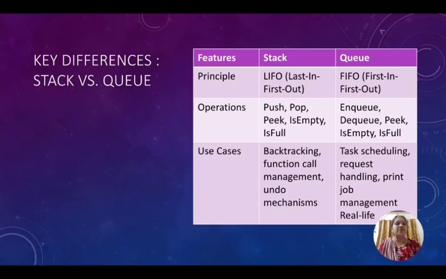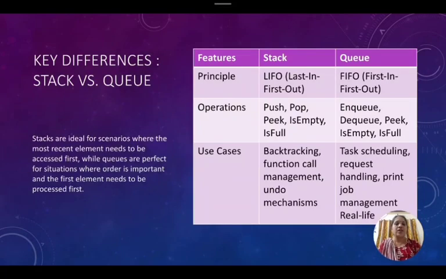The main purpose of stack is backtracking, function call management and undo mechanisms. Whereas queue is required for printing job management or task scheduling.